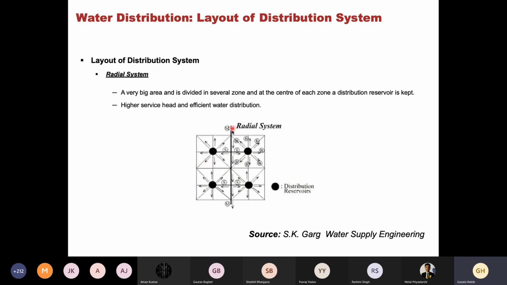So this is the radial system where the main pipe, marked M, will feed the elevated reservoirs, and then from that elevated reservoir the water will be supplied to the branch pipes or sub mains.